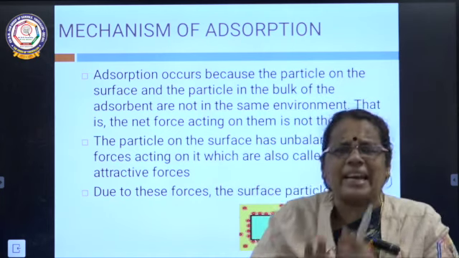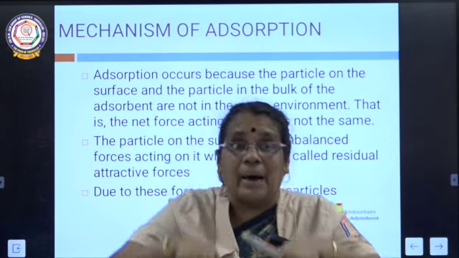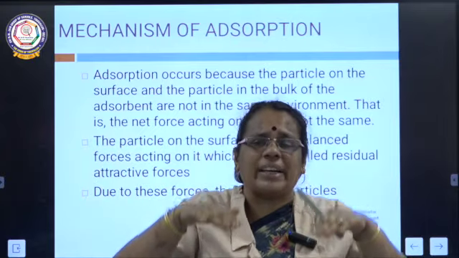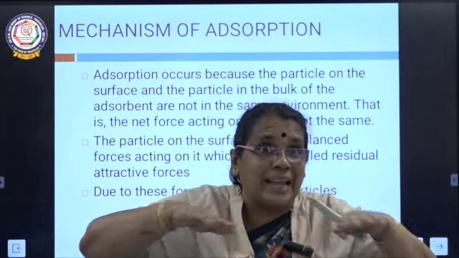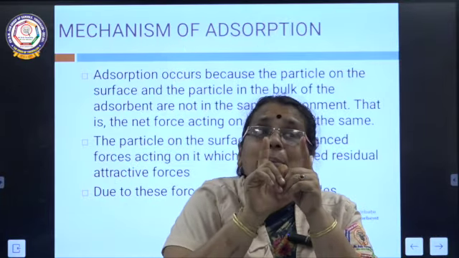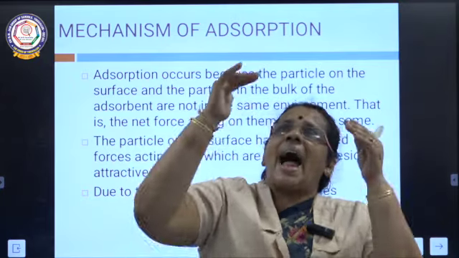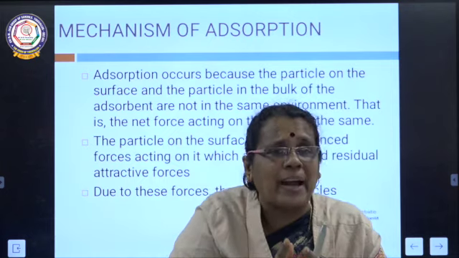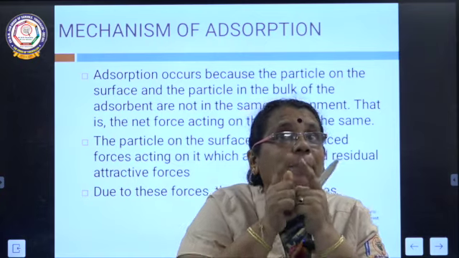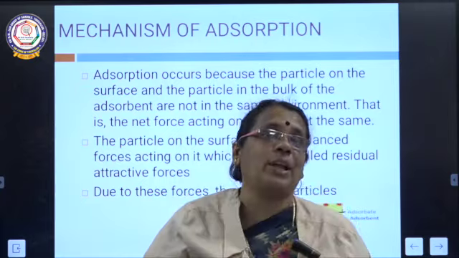In the bulk, the force of attraction between the particles is balanced, whereas at the surface, the force of attraction is unbalanced. Why is it unbalanced at the surface? Because at the surface, we cannot expect molecules of the same kind. Inside the bulk, we can expect the same kind of molecules.